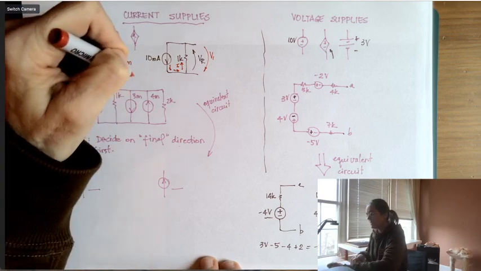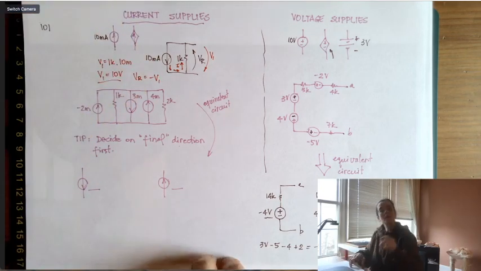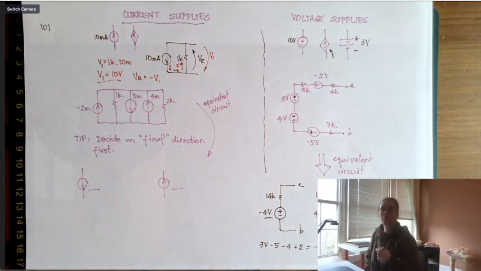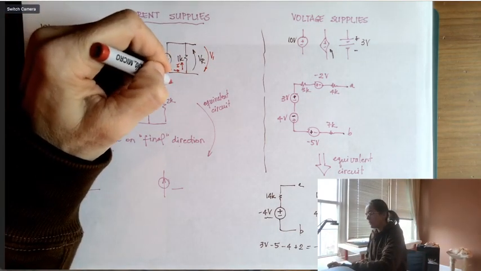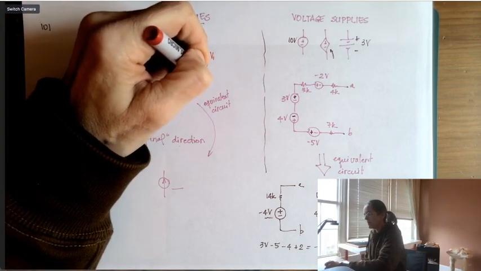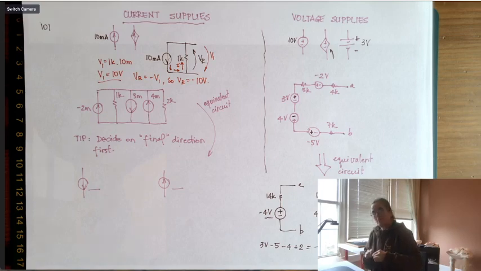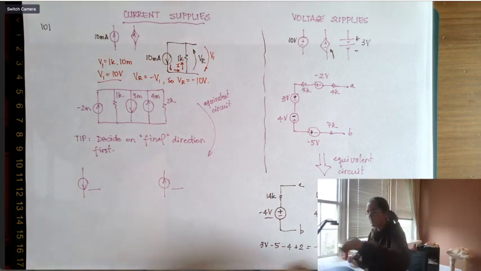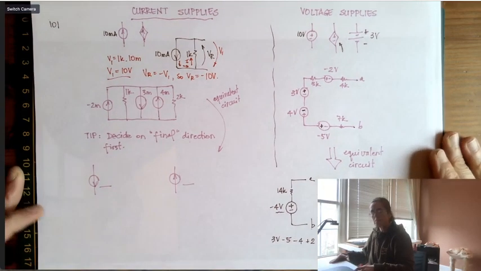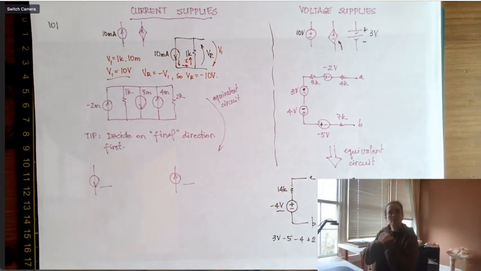But I am asking VR, and I know VR is minus V1 because VR is swapped from V1. So VR is minus 10 volts. The point here is to just show you the 10 milliamps, but I figured maybe this one example will help people.